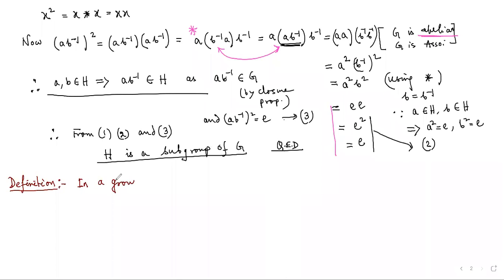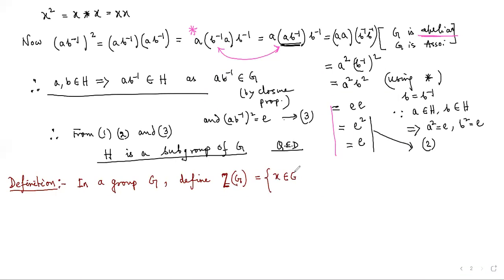In a group, capital G, define a special set like this. This capital Z is not the set of integers. This is a notation. So ZG is defined in the following manner.